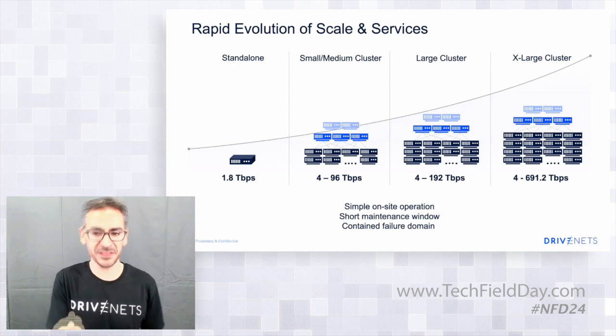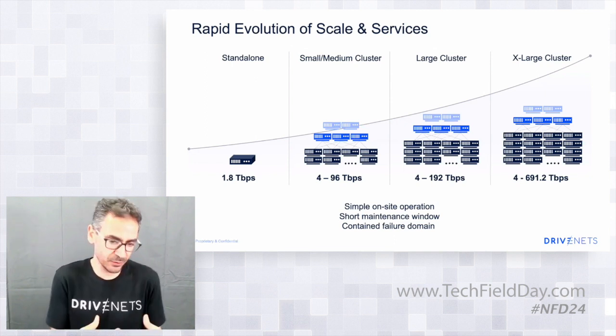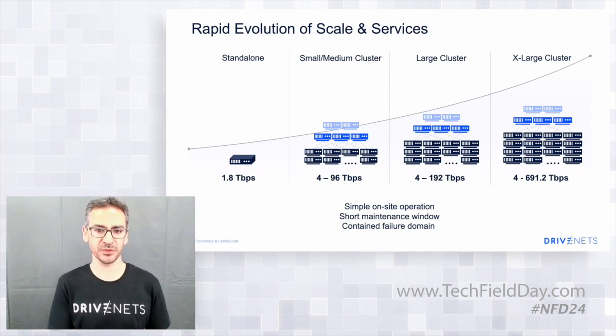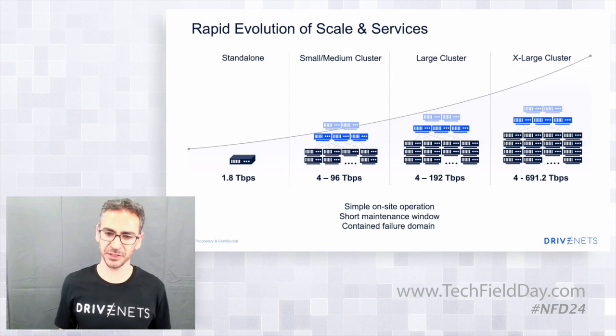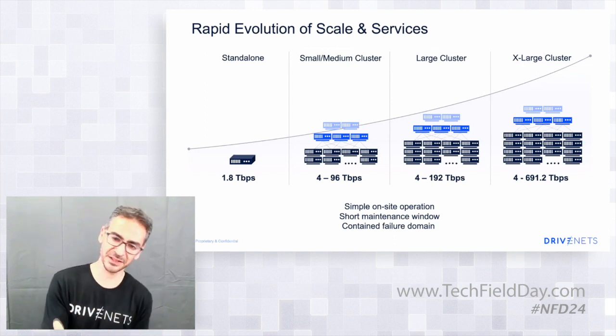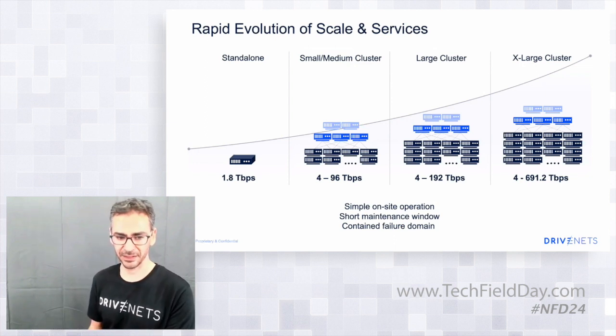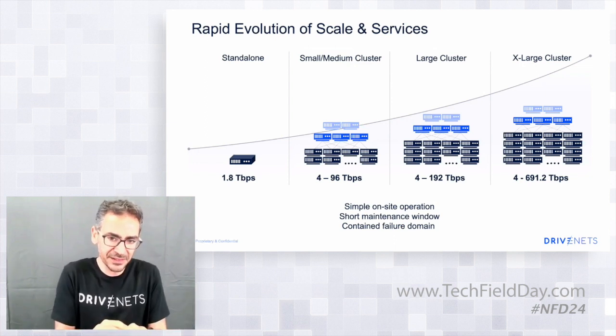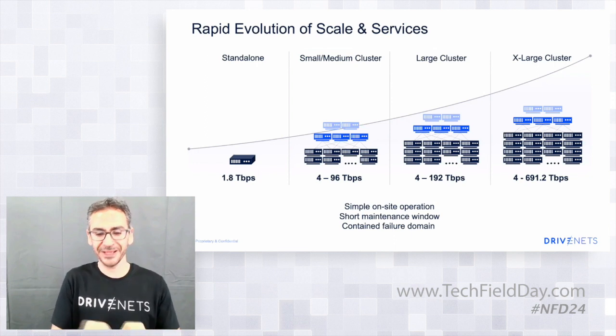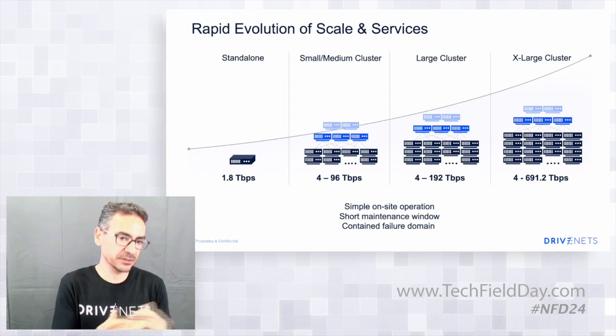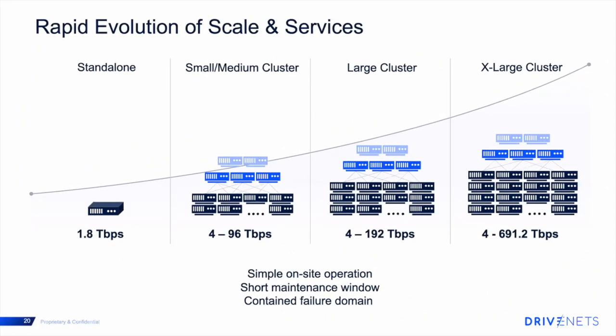Orchestrating the whole thing from a single pane of glass, the same way as cloud is being orchestrated, simplifies and pushes aside the question of how many boxes you are managing in your network, because all of this cluster is being reflected to the outside world, again, as a single entity. Now, when you have this cluster of dedicated standalone boxes, the failure domain of this cluster is also shrunk to the level of a single box.